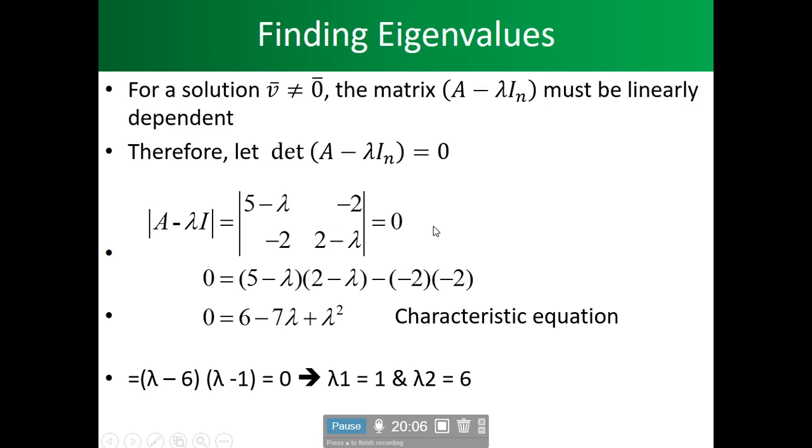We set this equal to 0. This is 5 minus lambda times 2 minus lambda minus 2, which equals 6 minus 7 lambda plus lambda squared. This is called the characteristic equation. From this equation, we can now solve for lambda 1 and lambda 2. So lambda 1 equals 1 and lambda 2 equals 6.